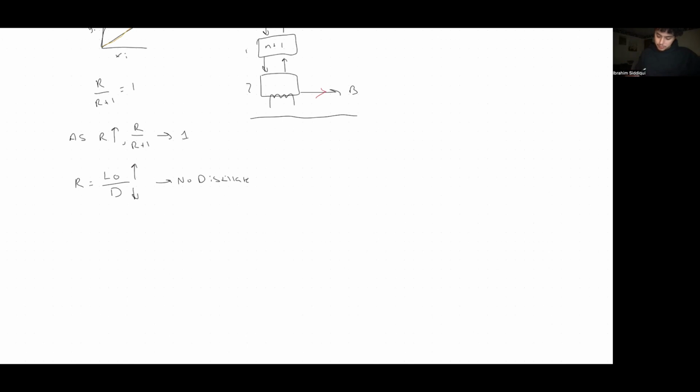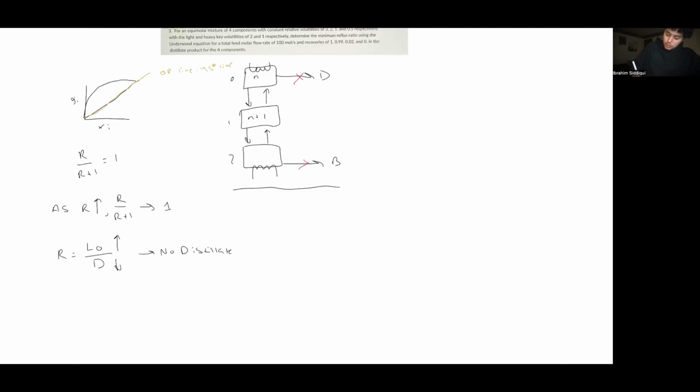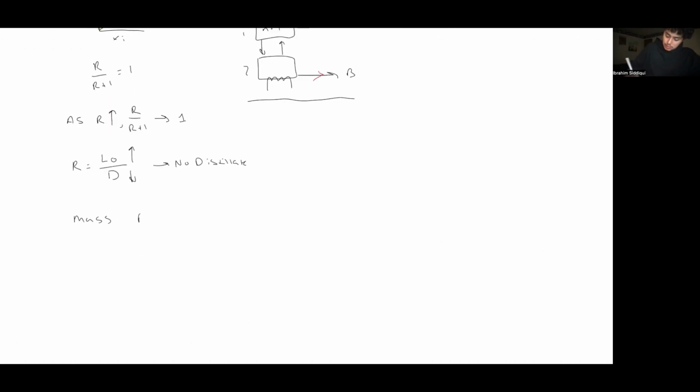Fenske equation. We're going to start, of course, like we always do, with a mass balance. So this is going to be our vapor at stage n plus 1 equals our liquid at stage n plus our distillate. Again, we said that there's no distillate, so we can just take it out and put it to 0.